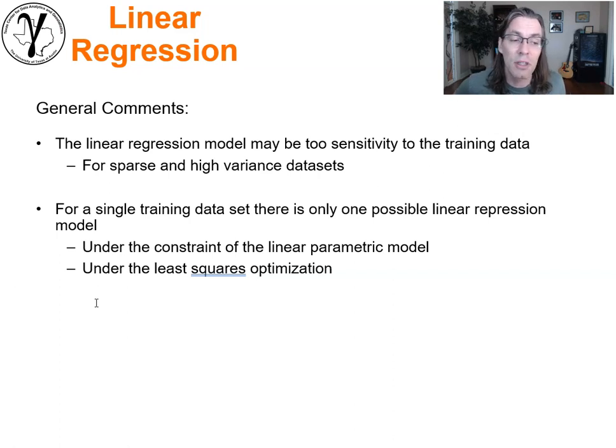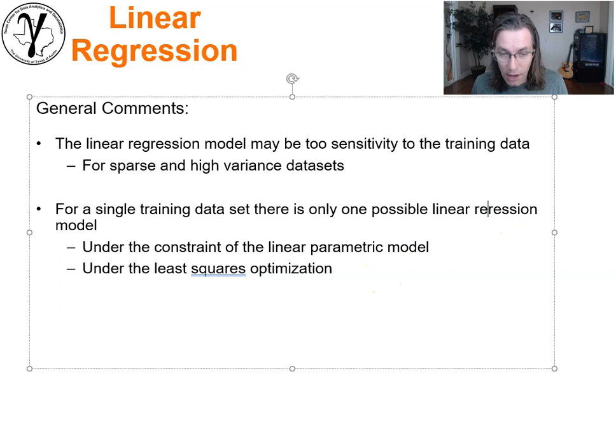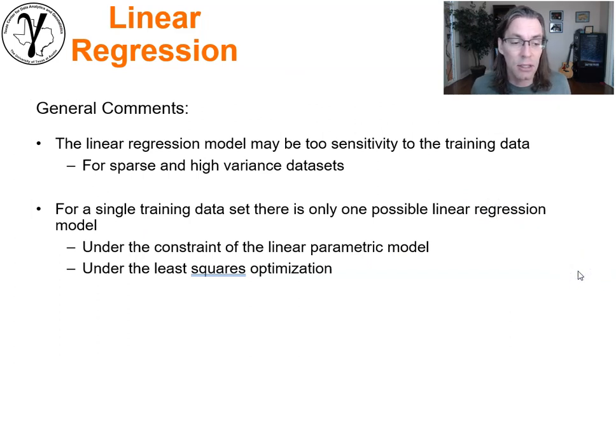And this is usually when we have sparse data sets that have high variance. For a single training set, there's only one possible linear regression representation. So we want to have a methodology that allows us some opportunity to fit, or I should say, tune a hyperparameter to have some choice about model complexity or control on model variance.